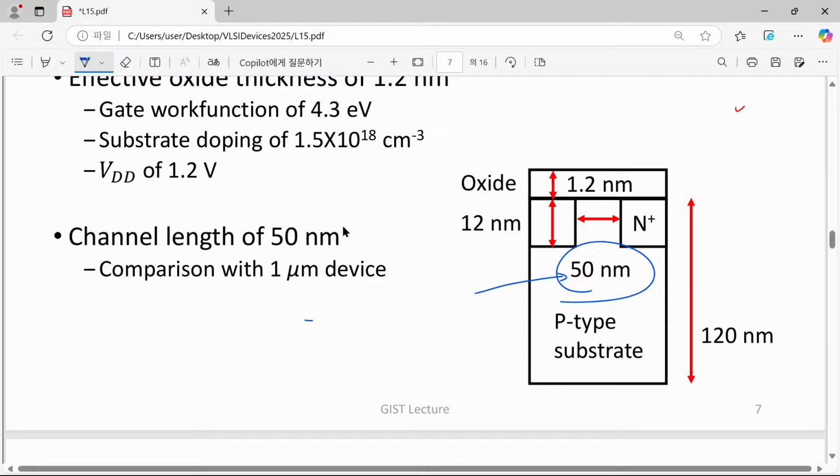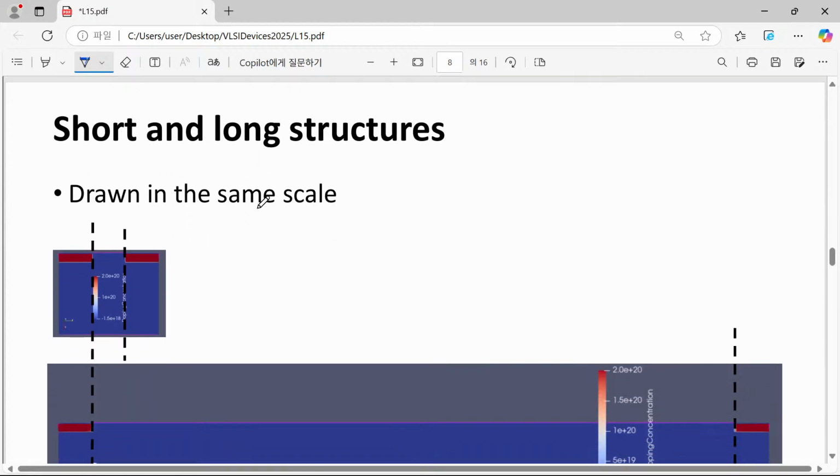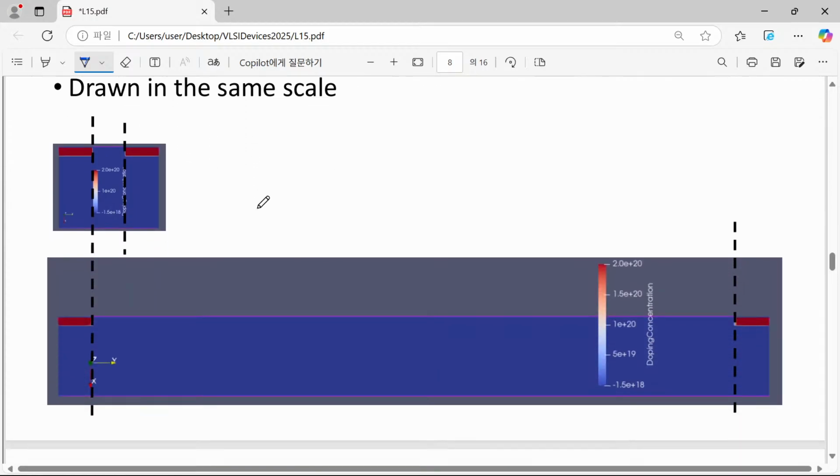And let's make a comparison with a 1 micrometer long device, which is extremely long in this case. So I have drawn them in the same scale. This guy is a 50 nanometer device, and this guy is a 1 micrometer long device. Now you can feel that compared with a short channel device, the long channel device is really long.